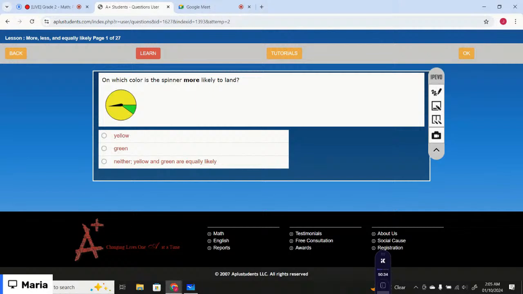So just look at the spinner. The spinner has yellow and green portion, right? So it will more likely land on yellow because most of the portion of the spinner is yellow.